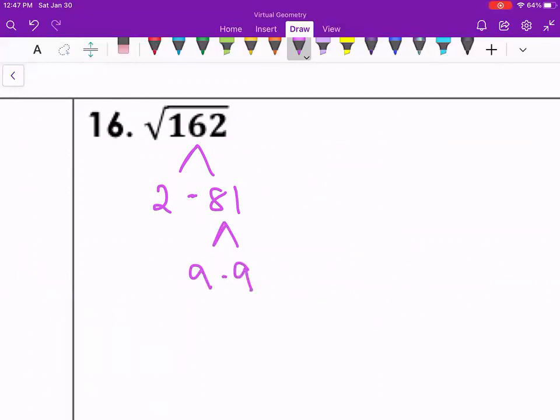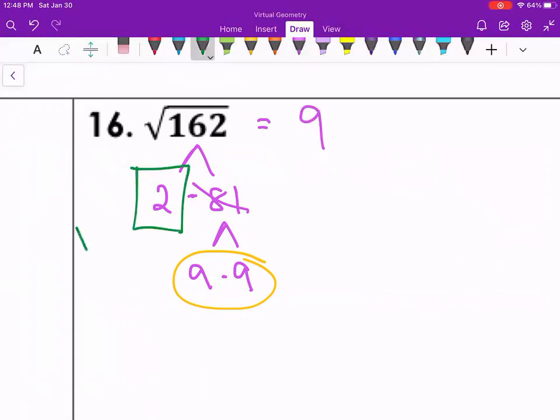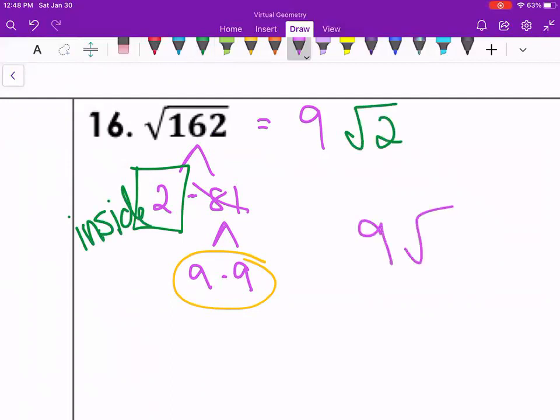Now, even though 9 can go farther, we only need to see if we have a pair. If I automatically have a pair of 9s at that level, I don't have to take it any farther. So right now, my 9 will come on the outside. The 2 will stay on the inside. There's nothing I need to multiply back together. So 9 square root 2 is my final.